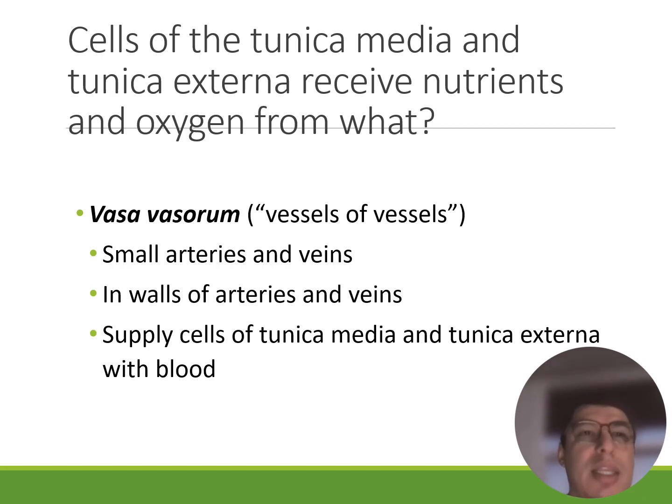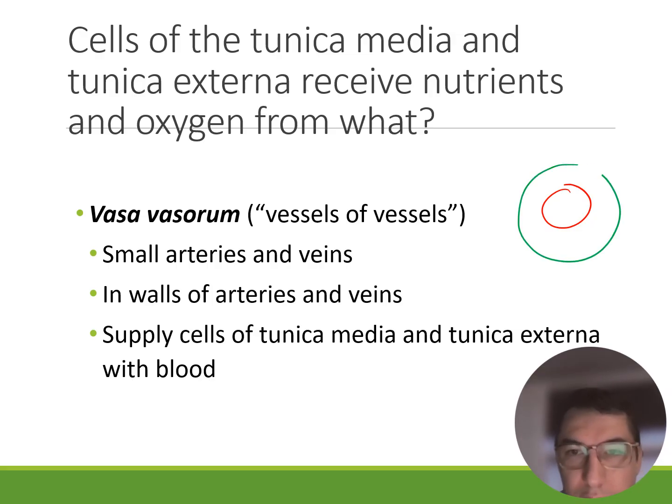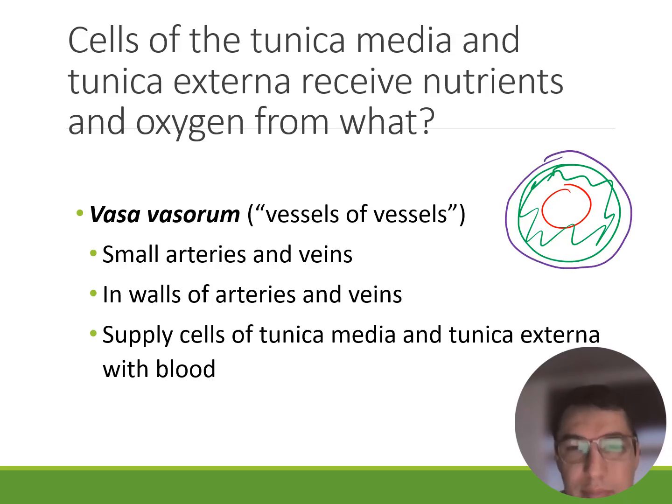Cells of the tunica media and tunica externa receive nutrients and oxygen from what? So as you continue to picture those three layers of vessel, okay, the tunica intima, the tunica media, which is all that muscle, and the tunica externa, which is the connective layer. You can see that the blood cells that are in here are carrying nutrients.